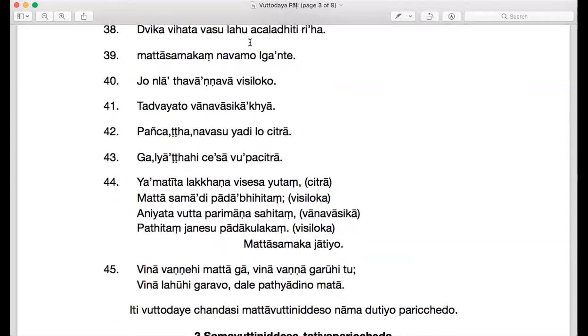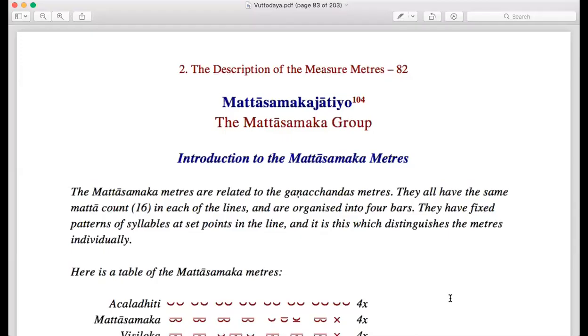Those are the 7 verses of Matta Samaka Jati, which we are going to learn today.